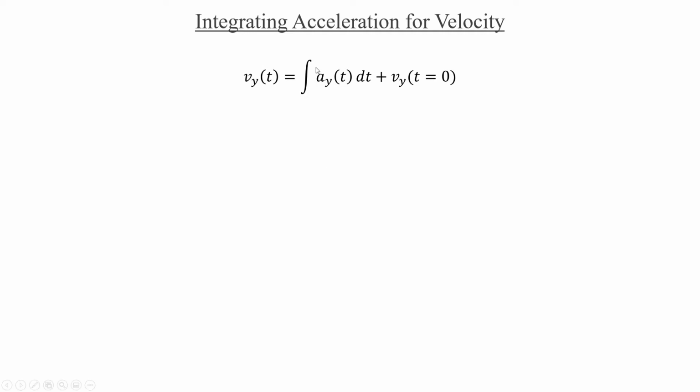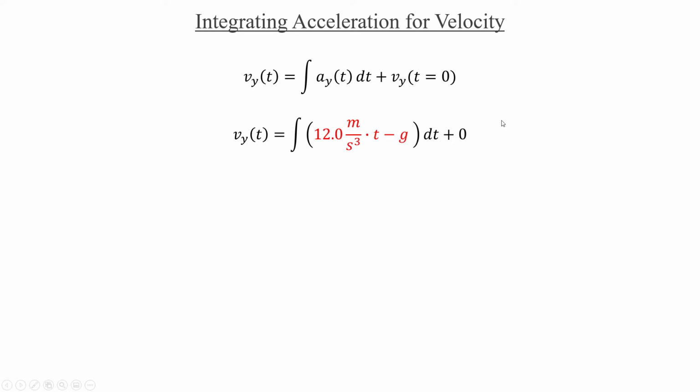We need to integrate acceleration with respect to time, and we also have to account for any kind of initial velocity in the y direction. Well, thankfully, there is none. This ends up becoming 0, and we just plug in our acceleration expression here, and that's it.